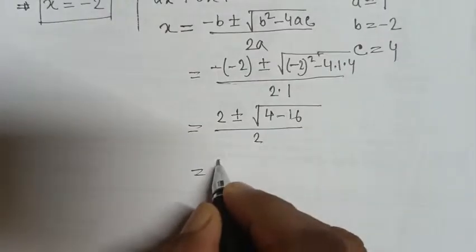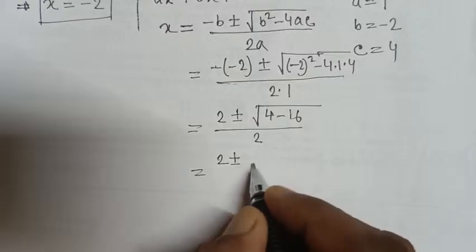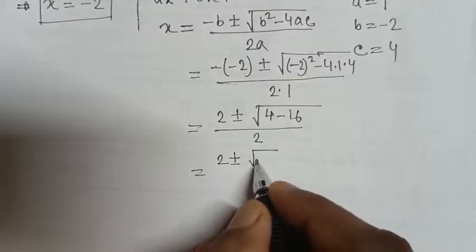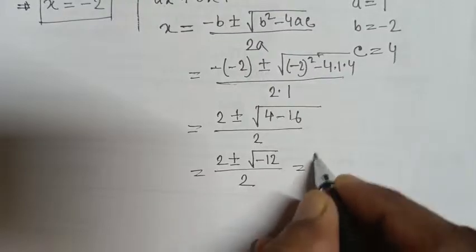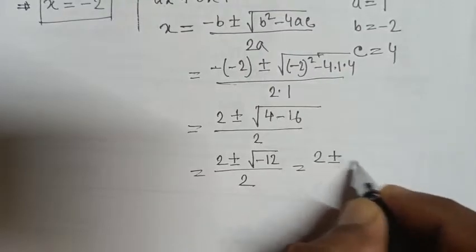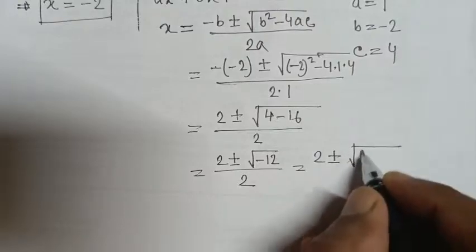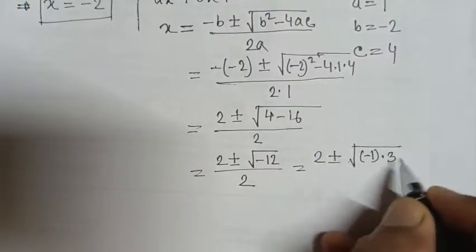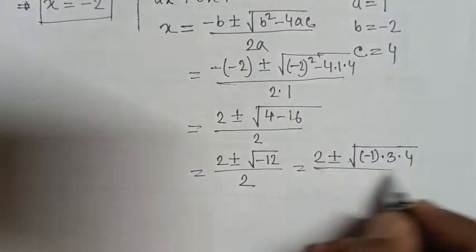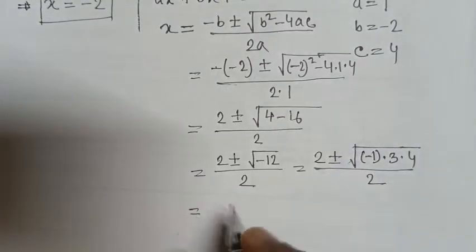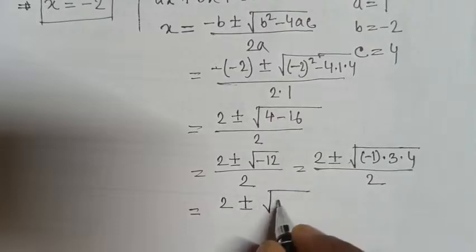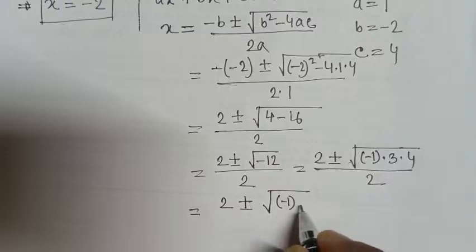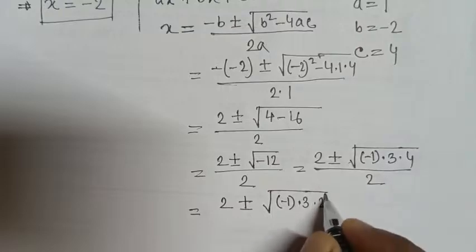So we can express this like 2 plus minus root over minus 12 by 2, equals 2 plus minus, we can expand this, minus 1 into 3 into 4 by 2. Now we can express this as 2 plus minus root over of minus 1 into 3 into 2 square by 2.